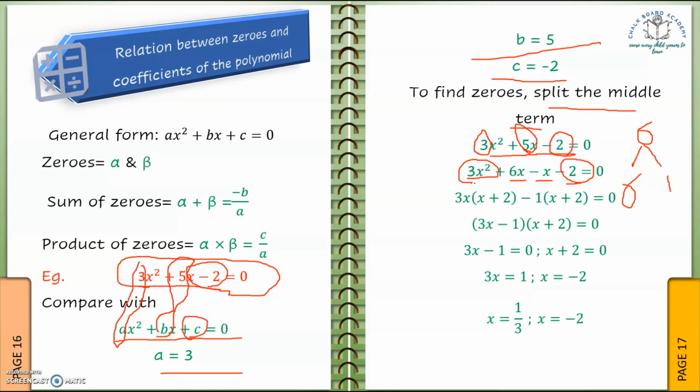Now from these two terms I have taken 3x common, because it is present in both terms, so the answer becomes x plus 2. Now from the minus x minus 2, again I have taken common, here taking -1. So I have taken -1 common from minus x and from -2.